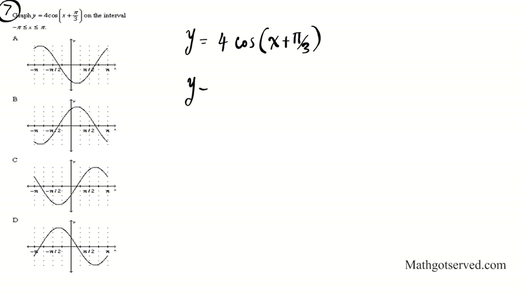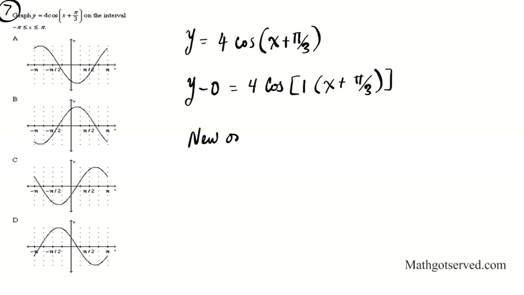So we can write this as y minus 0 equals 4 cosine 1 times x plus pi over 3. Okay, so looking at this, we know that the new origin is going to be negative pi over 3 for the x coordinate, because you do the opposite of the number next to the x, and 0 for the y.